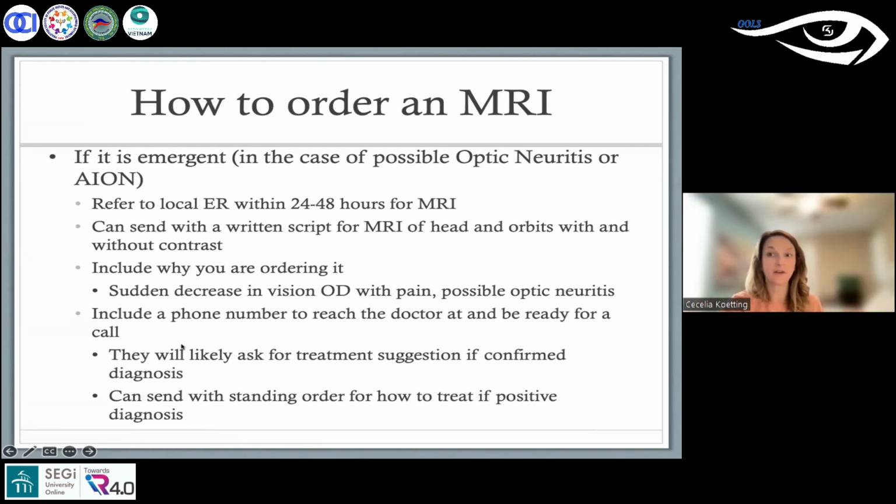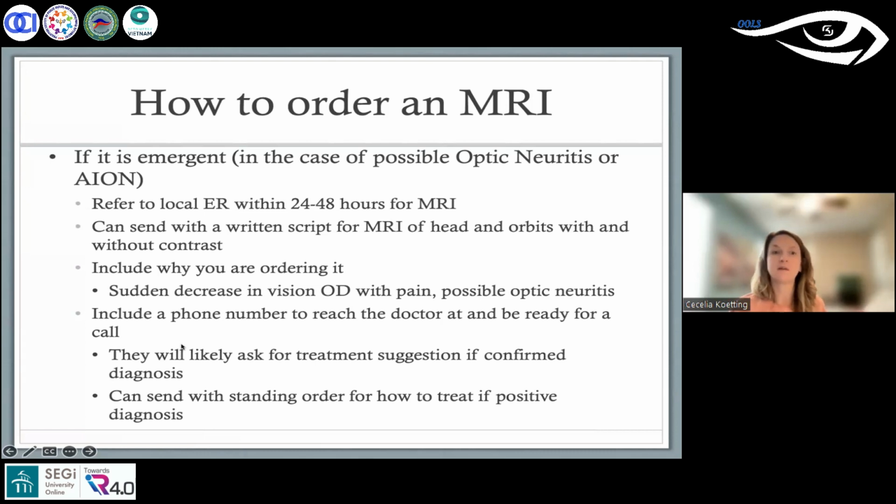I like to know specifically which ER I want, because some hospitals will have a neurologist or an ophthalmologist on call, which is good, because then they can draw them into the room for in-house consultation, and it speeds up the process quite a bit.